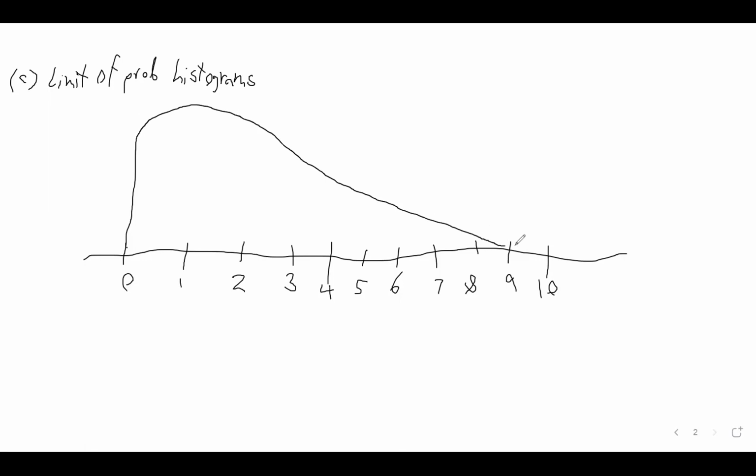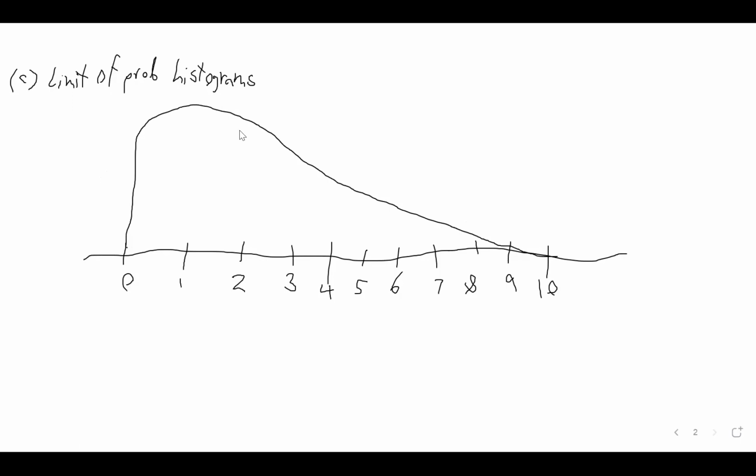So let's say something like this. Okay, and so now the limit of the probability histograms, you take those bars and make them smaller and smaller. You make the increments smaller and smaller, and then you look at the heights at these numbers, right? And so you take all these different and you end up building the limit of the probability histograms, which is this graph.